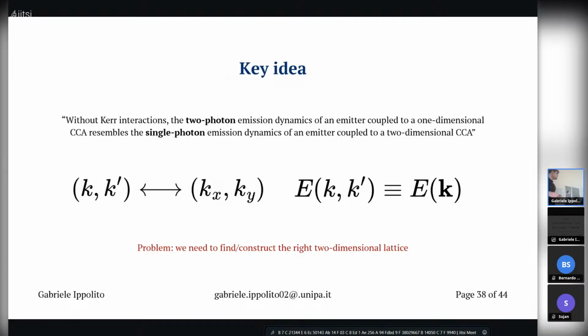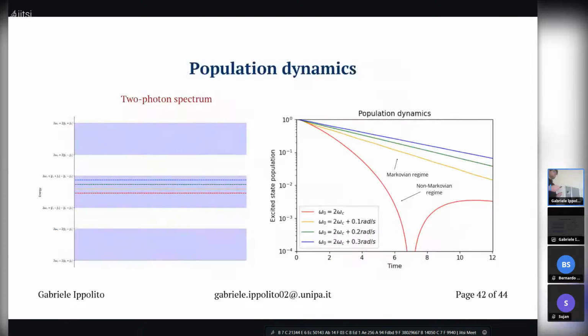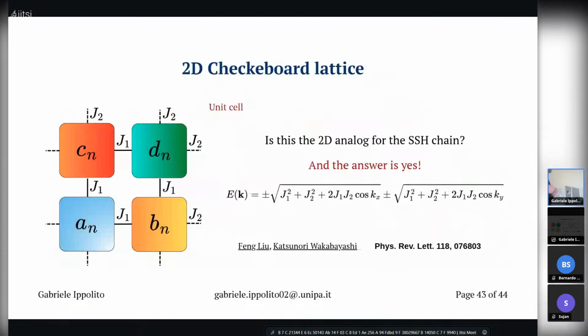Can you tell more about how you think to exploit this interaction? Yes, I would like to, for example, we know that in the SSH model, if we consider an open chain, we can identify two different phases, and most importantly, the topological phase in which the system manifests two edge modes, two zero energy edge states.